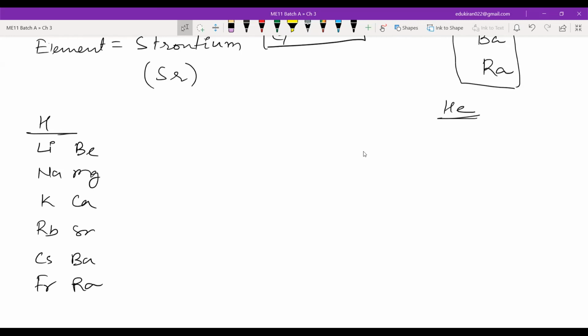Everything whatever you have learned, the mnemonics, all these start from the 2nd period. Then you will have the D block elements here. I won't write the D block elements. You also have to remember where the D block starts. D block will start from 4s, right? It starts from here, after calcium. This is the D block.